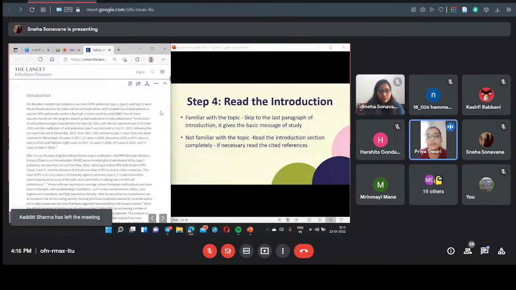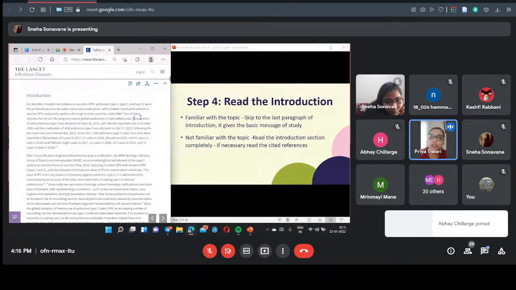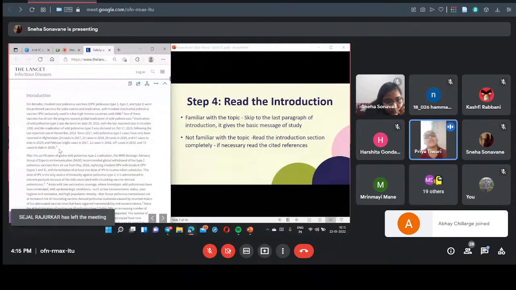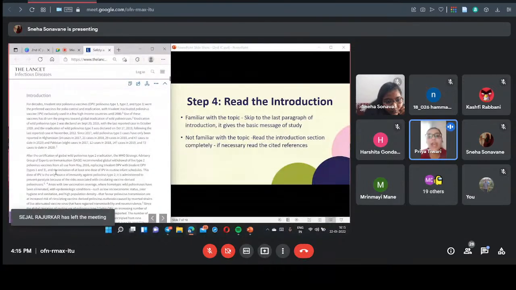While reading cited references also, you do the first reading, that is, you skim through them and get familiar with them. And if you're familiar with the topic, having already done a lot of reading in that particular topic, you can just jump to the last paragraph of the introduction, and this gives the basic message of the study. Next slide.